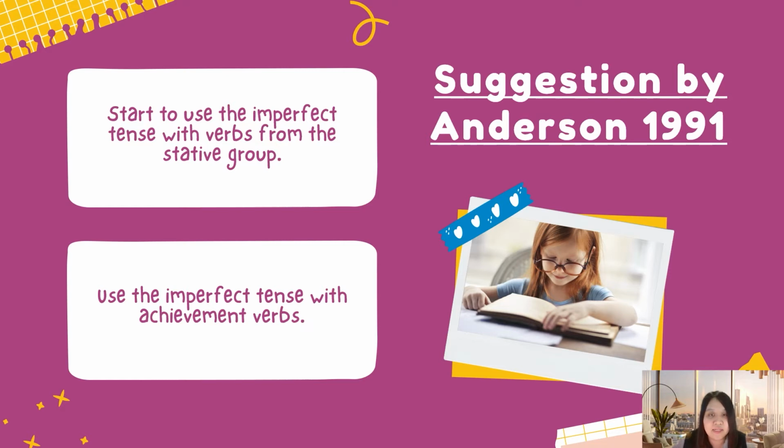So specifically, the aspect hypothesis predicts that the use of the imperfect and the preterite in second language Spanish will spread in opposite directions across the 4 lexical aspects, which will be shown in the table here.